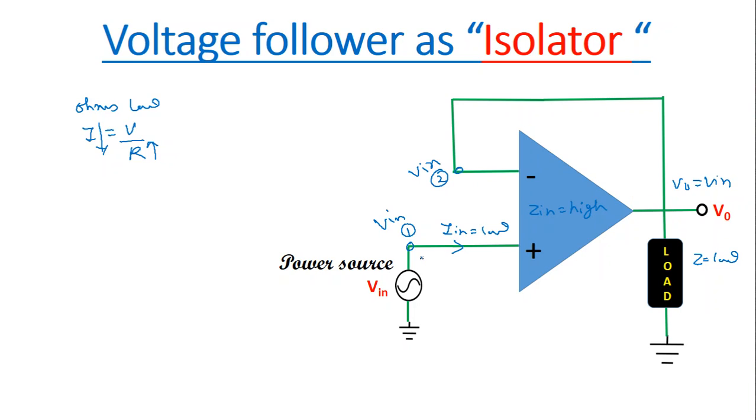The same signal we get at the output as at the input. So the power of the supply circuit is not disturbed, and the voltage follower does not load the power source.